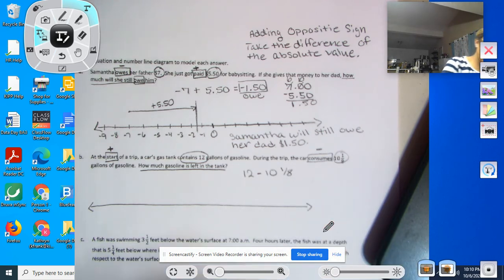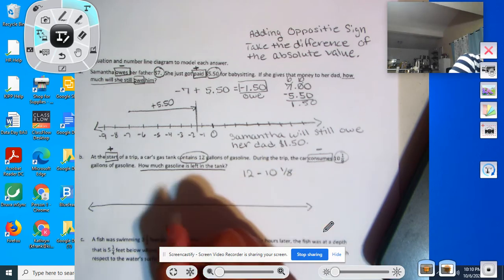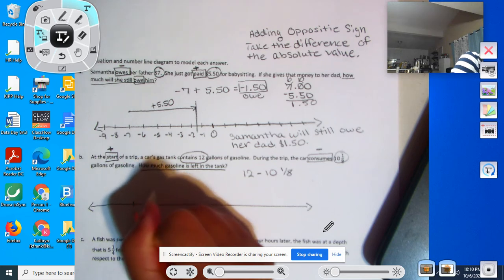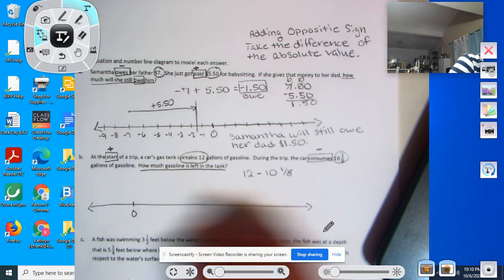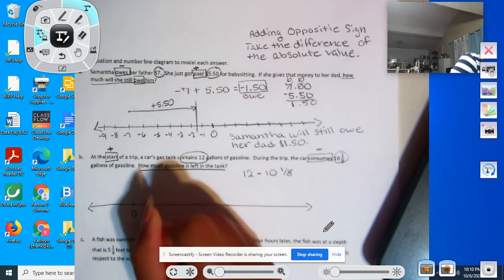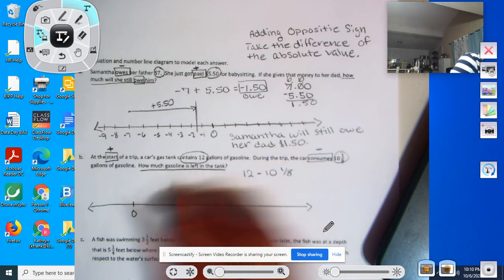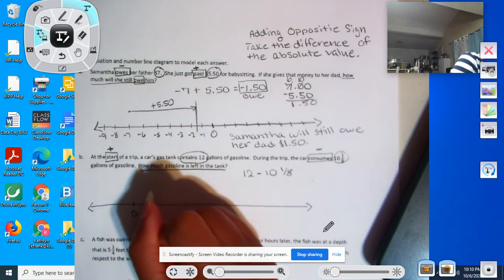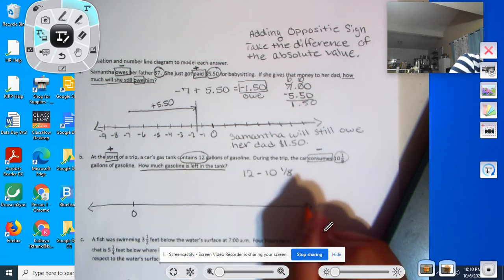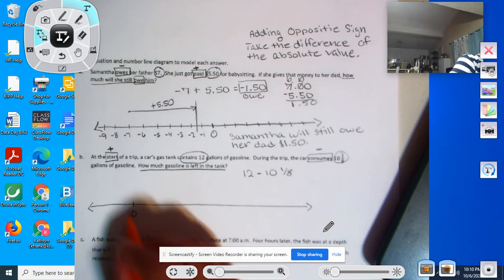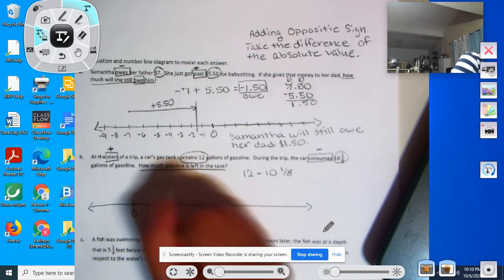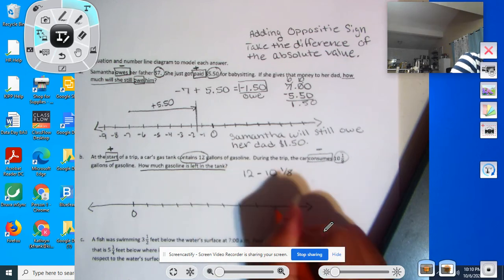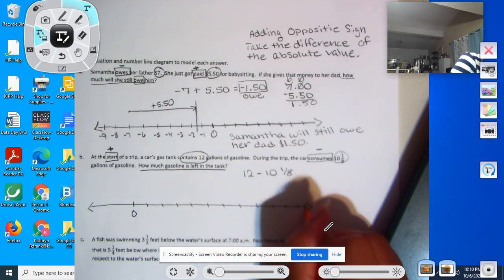I'm going to start my 0 about here because I need more space since we're starting at 12. We're subtracting from 12, so I need more positive space than negative space. So I'm going to draw my number line where the positive side is longer than the negative side. 1, 2, 3, 4, 5, 6, 7, 8, 9, 10, 11.